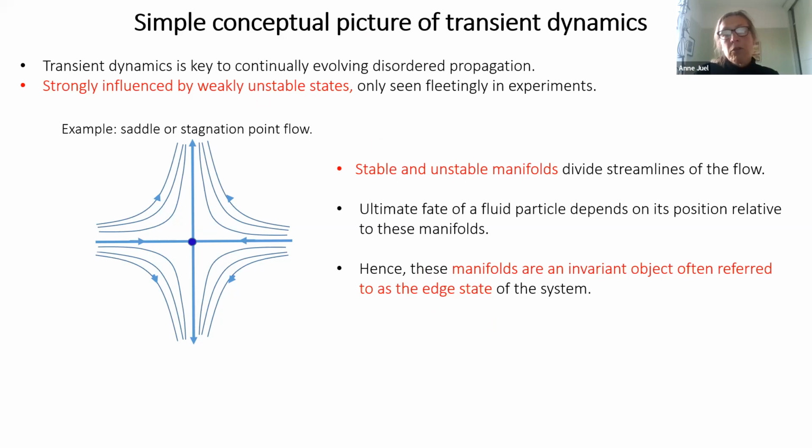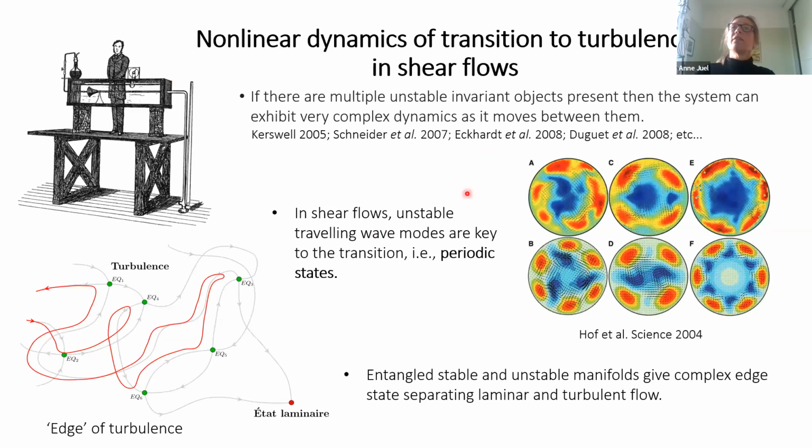And the key example for this is the nonlinear dynamics of transition to turbulence in shear flows. There, a dynamical systems approach has provided a very successful framework to understand this transition, and this is really a huge field, and it's also a much more complex system than the one we are looking at.